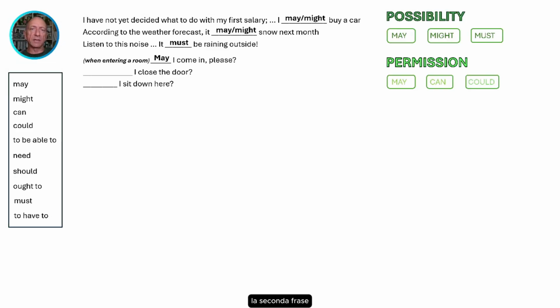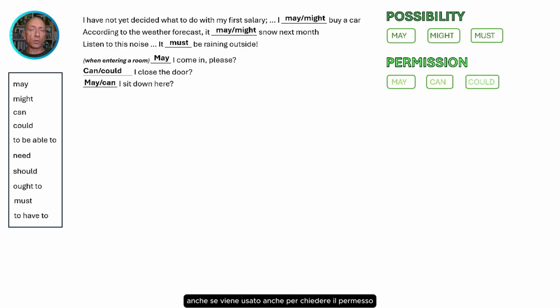The second sentence of this set is an example of the way how also can or could are used to obtain permission to do something. In the third sentence, permission is asked by using may and can. These are three possible examples of the way how the subject auxiliary inversion is made with modal auxiliary verbs.